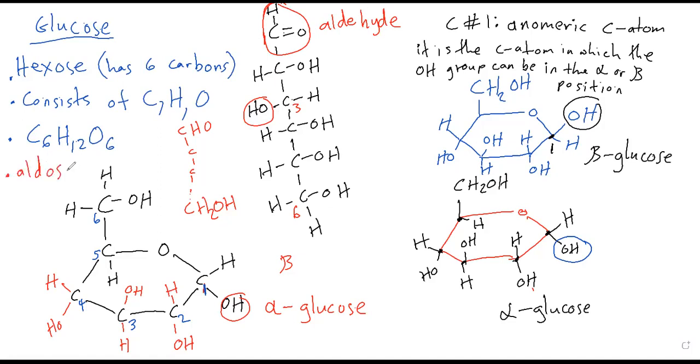All right. So it is also an aldose sugar because it has the aldehyde group. And that is also why it is a reducing sugar. We will get into this in the next class when we look at the actual details.